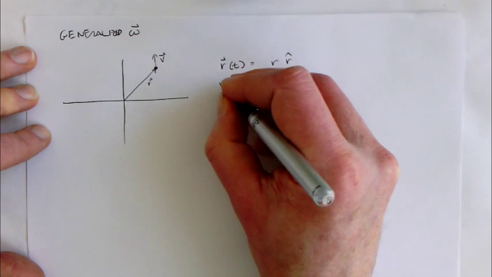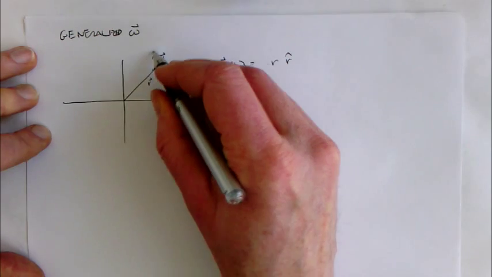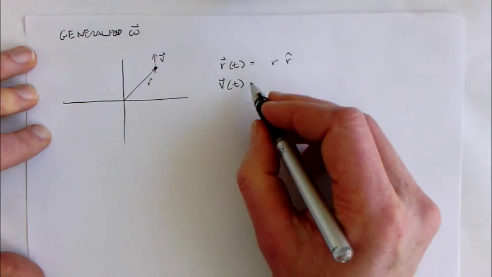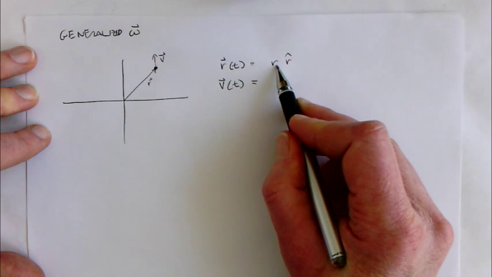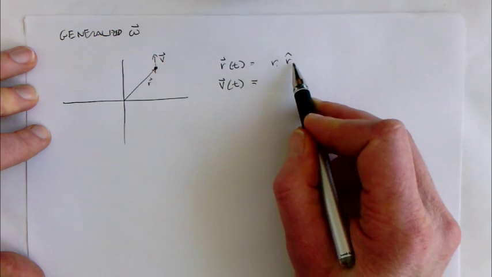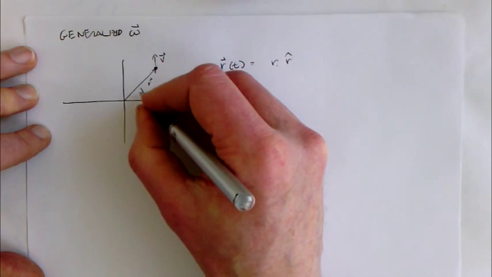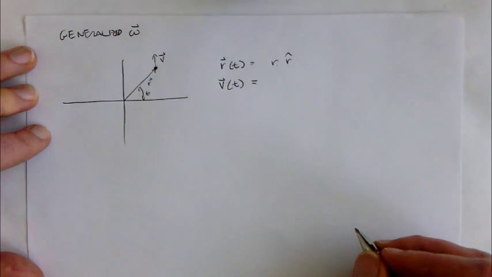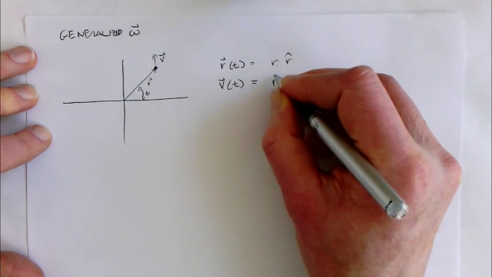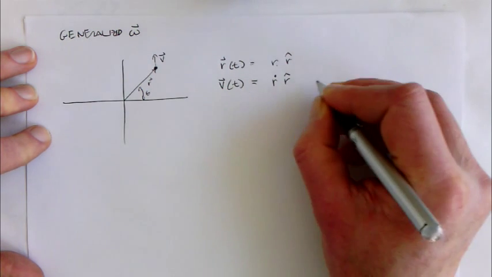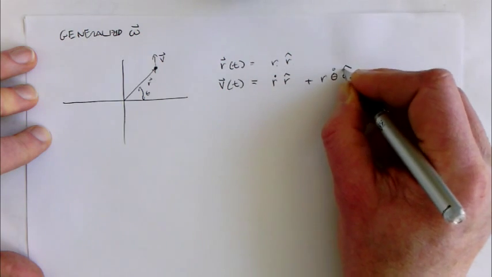If the object is moving in some direction that's not purely radial, the velocity vector will have terms that depend both on how the distance from the origin changes in time and on how the unit vector r hat changes in time, in other words, how the angle theta changes in time. We've done this before: the velocity vector is r dot times r hat plus r theta dot times theta hat.